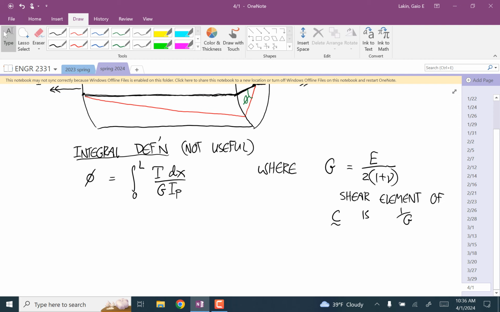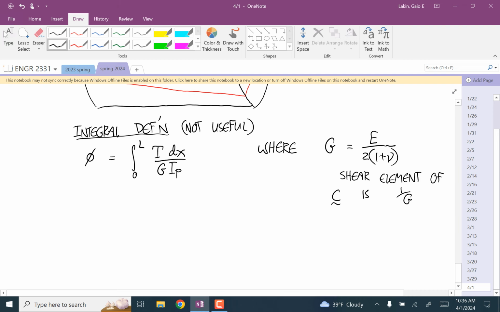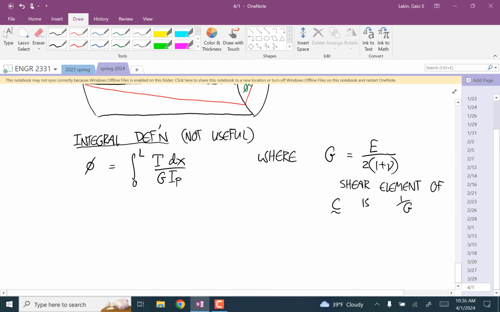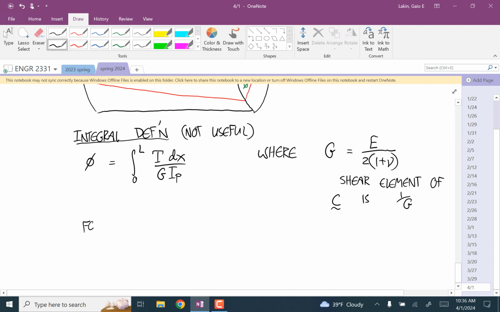The formula that we're going to use is just when these are piecewise constant. Like, we're never going to have a case where any of these variables are varying continuously.